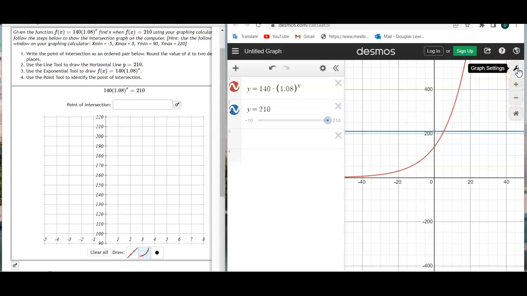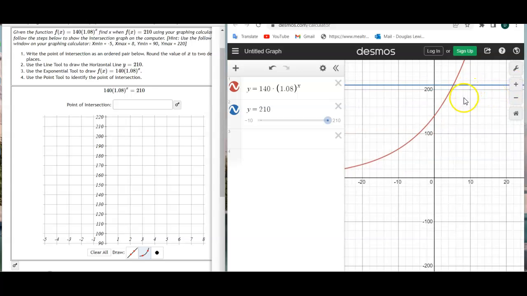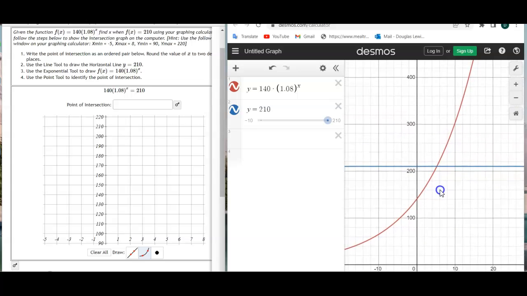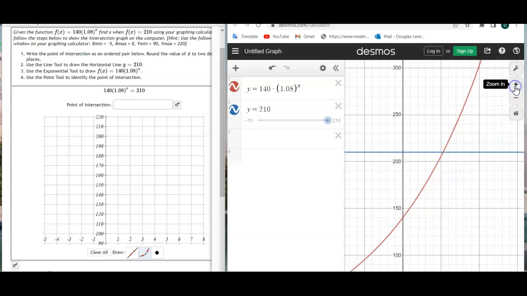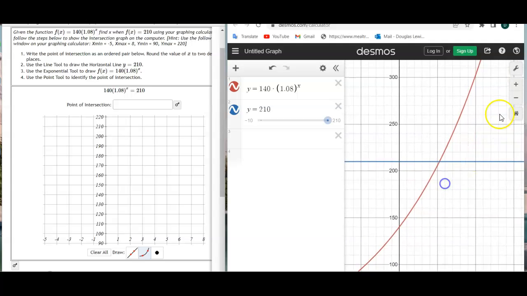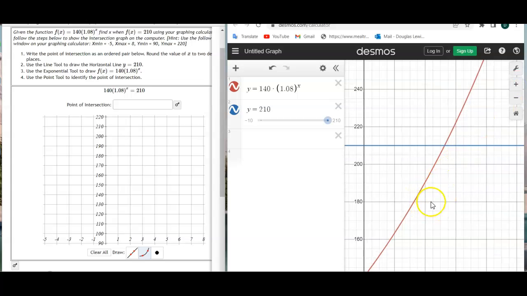We don't really need to go up to 400. We could zoom in a little bit that way, and you can shift it down and zoom in even more if you wanted. I'm left clicking and moving the graph around, and when I zoom in it kind of centers on that point.